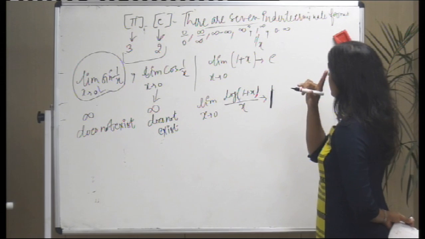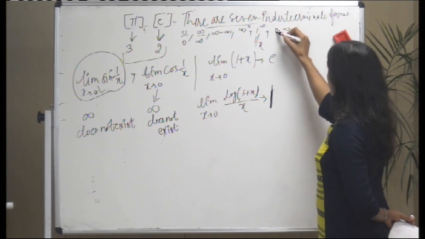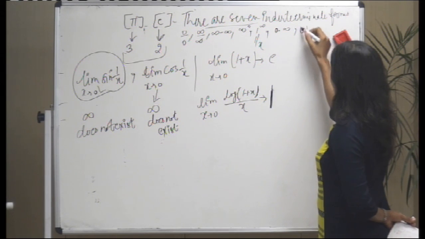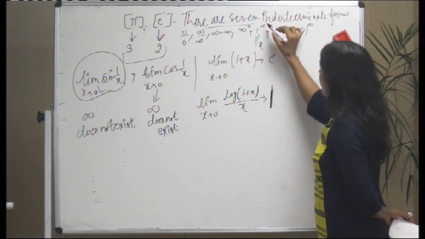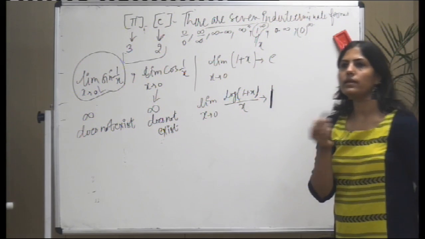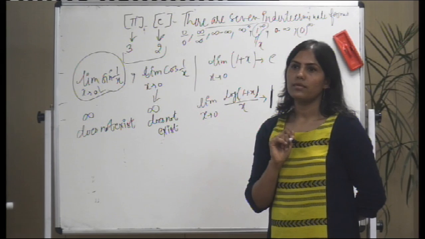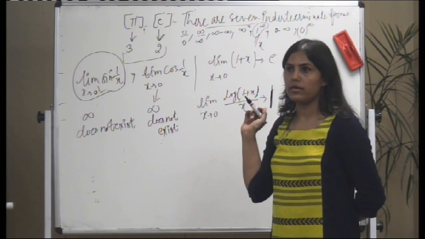How many? 3. Yes, 0 to the power. Why is this indeterminate form? Because 1, if you multiply 1 infinitely times, why do you say this is indeterminate form? There is a logic actually. You have studied indeterminate forms?